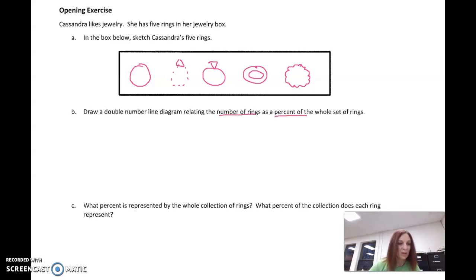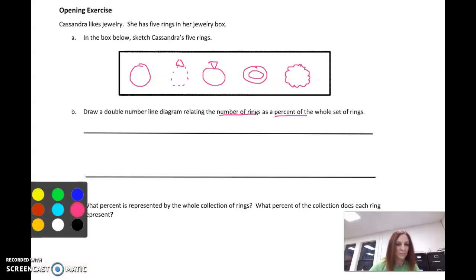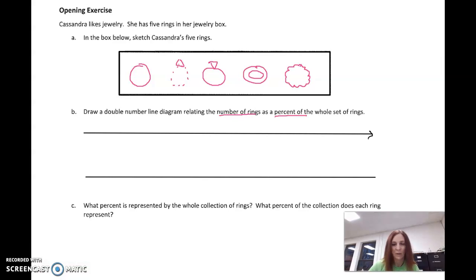Okay, so here's what we're going to do. I'm going to have 2 lines right here, and we're going to start by the number of rings. There's 5 of them, right?